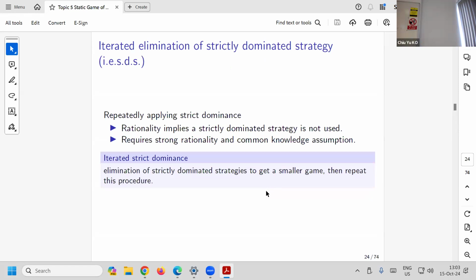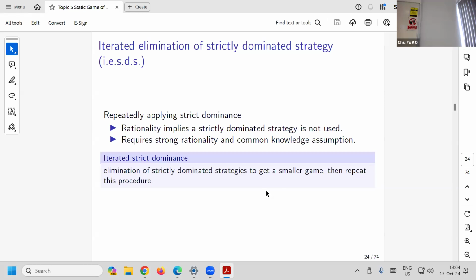But now we're going to push it a little bit further, by applying what we have seen again. If I take away something stupid and you take away something stupid, once that's over it becomes a simpler game. And with this simple game, we can keep doing the same concept, okay?